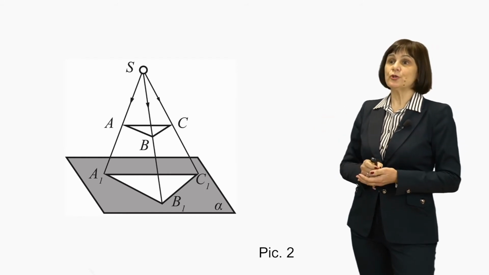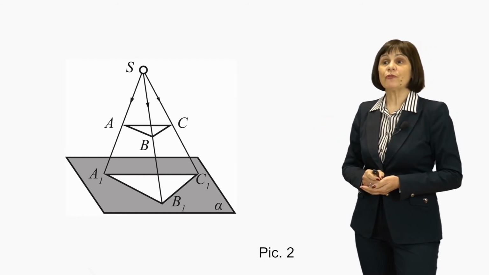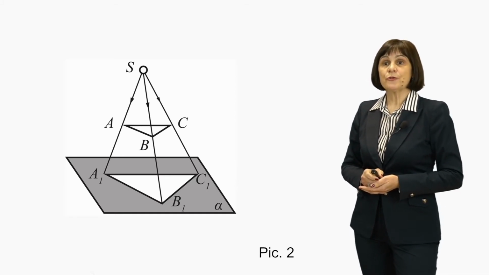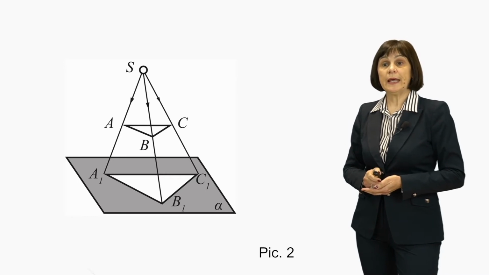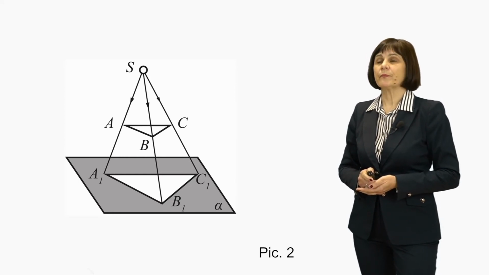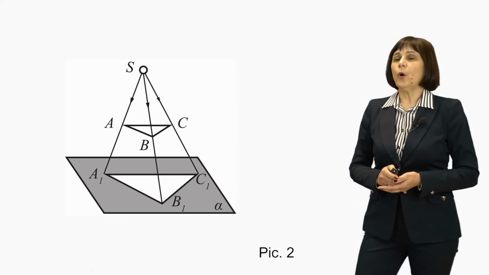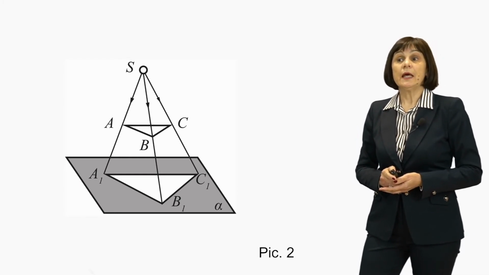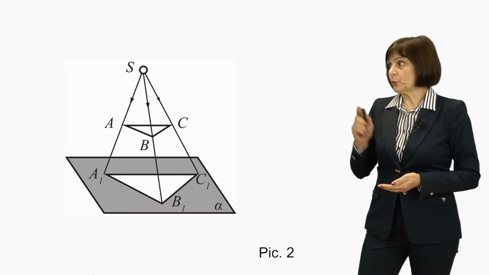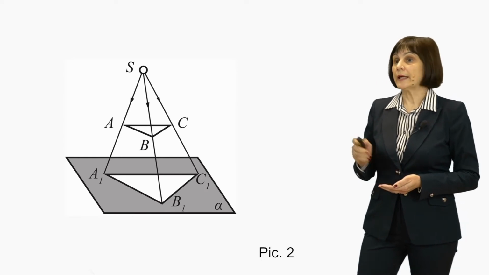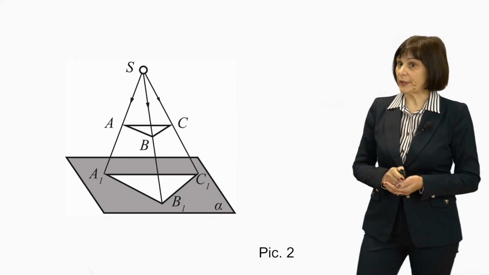This picture shows us the image of 3 points that form a triangle. Through each point A, B, and C, we should draw rays from point S. All these points are projected on the plane denoted with the small letter alpha with the help of these rays, like it is shown on our drawing.